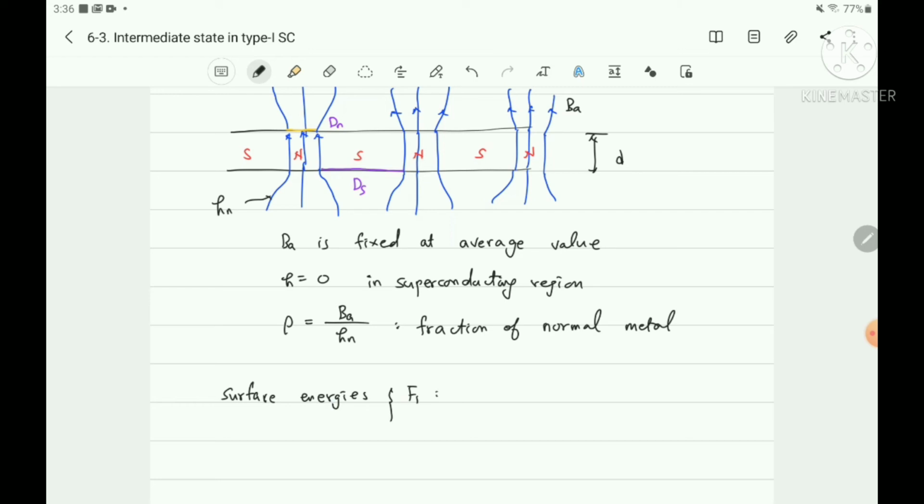Here F1 is the interface energy between the superconducting and normal domain.